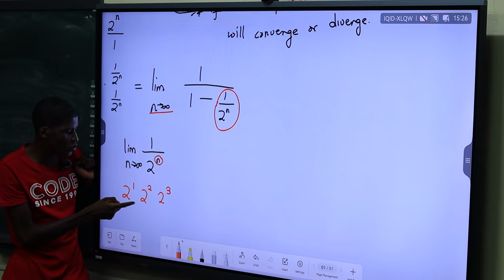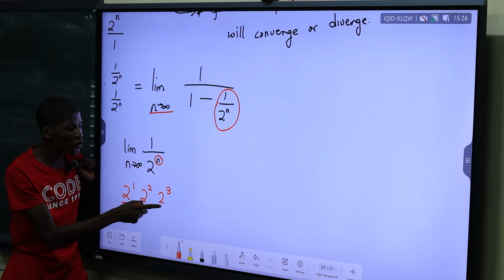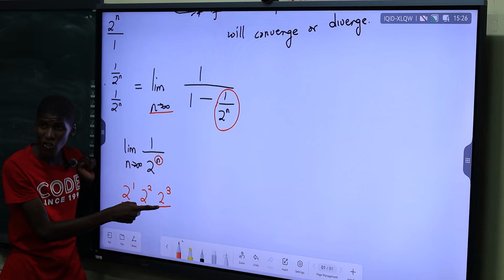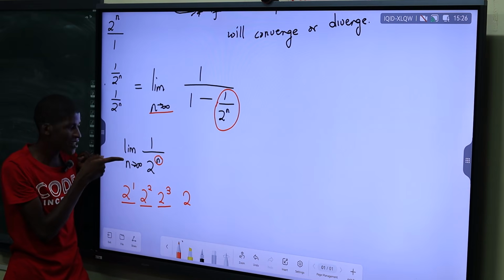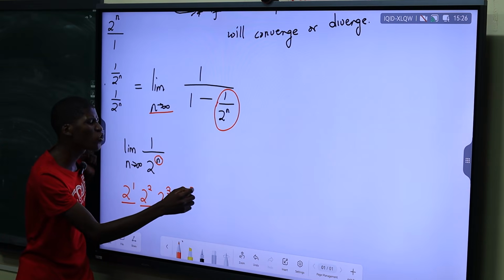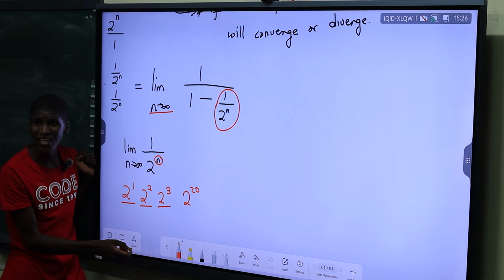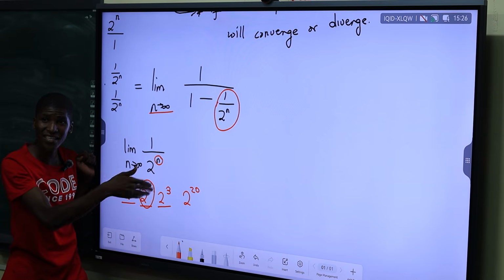What do I observe? 2 to the power of 1 is 2, 2 squared is 4, 2 cubed is 8. So the more we increase this exponent n, that means n is going to infinity. The more n equals, say, 2 to the power of 20, it means the value becomes bigger and bigger.